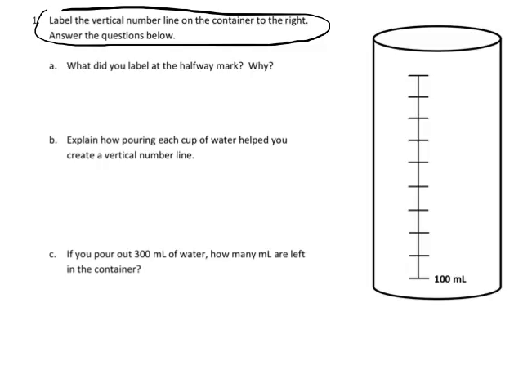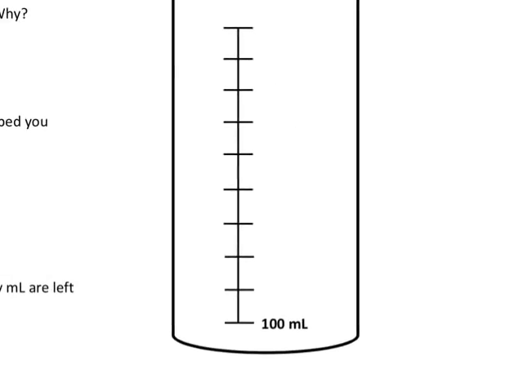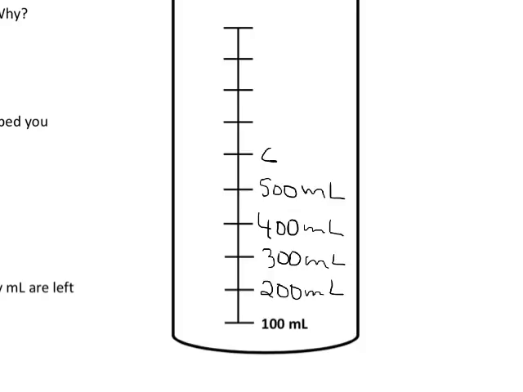So I looked at the answer key, and the answer key says that these intervals indeed go up by 100. So this would be 200 milliliters, this would be 300 milliliters, 400, 500, 600 milliliters, etc.